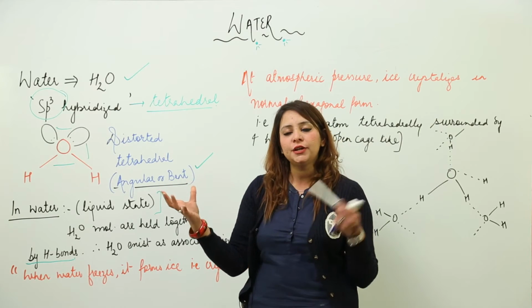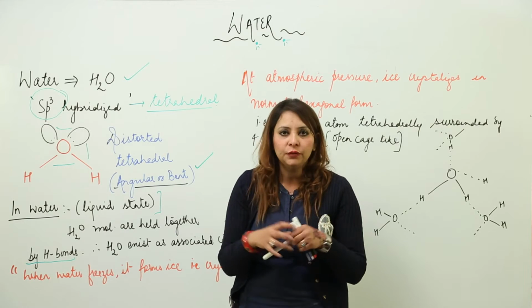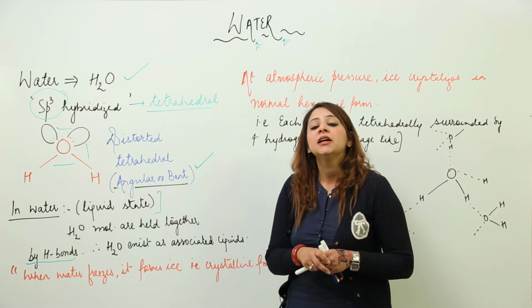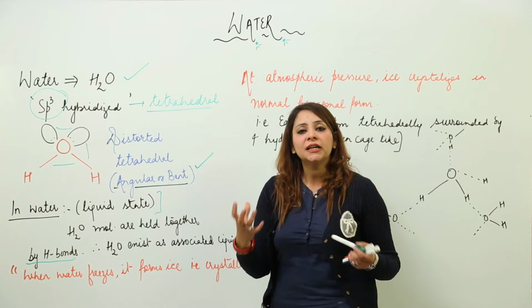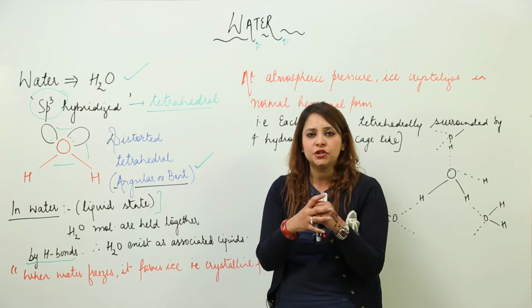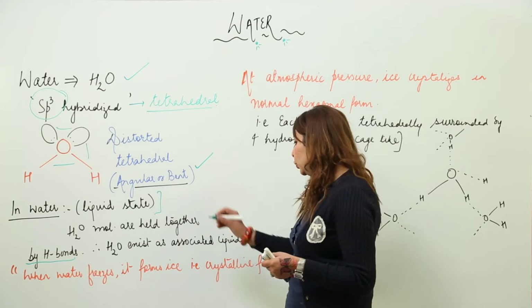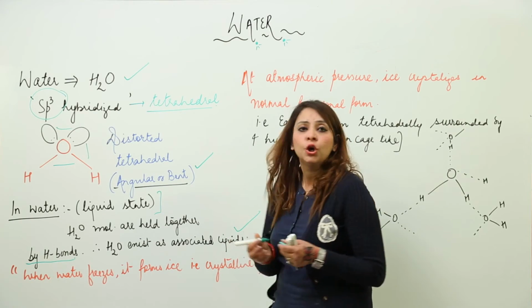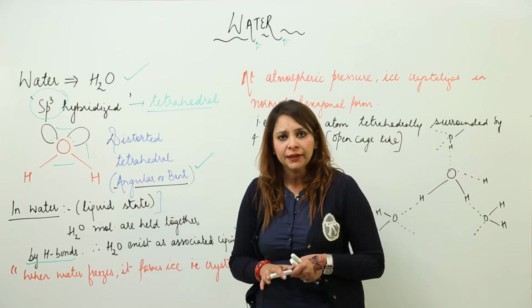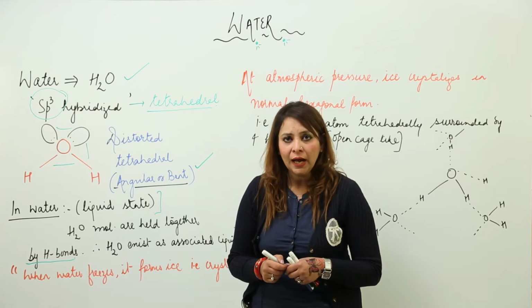That means different H2O molecules are linked together because they have hydrogen bonding between them. So we can say the molecules occur in an associated manner; they aggregate towards each other. Due to these associated molecules, obviously there will be strong bonding, and when there is strong bonding, the density is going to be high.